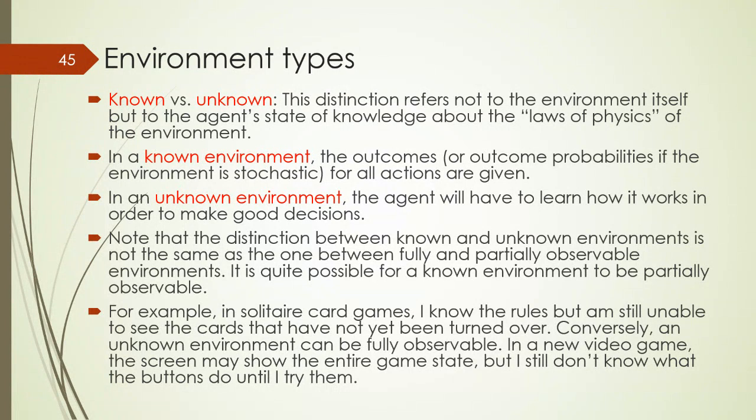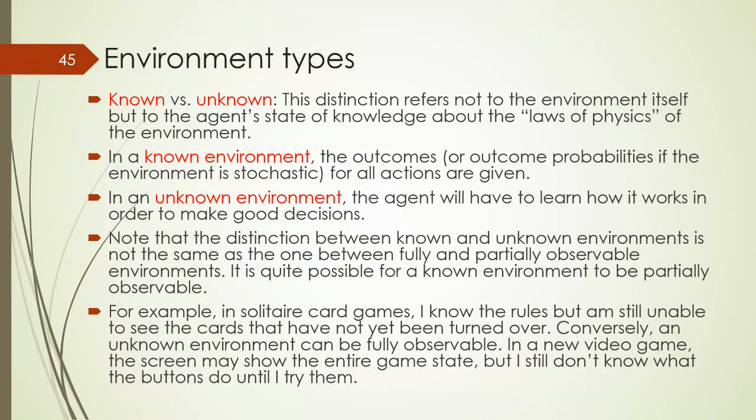In some cases, the environment is unknown. It's probably even more difficult to deal with. It's not only partially observable, but it's also unknown. You don't know the relationships in the game. An example of an unknown environment is a new video game. Let's say someone puts you in front of a new video game. The screen may show the entire game state.